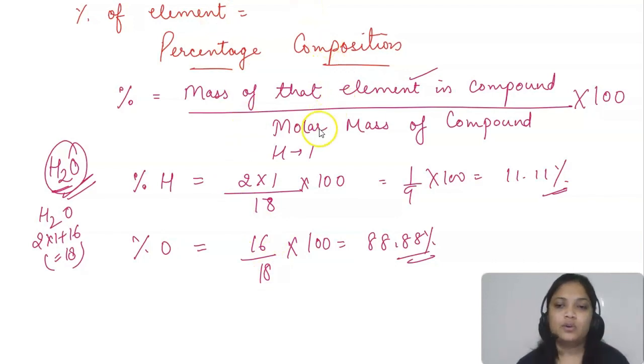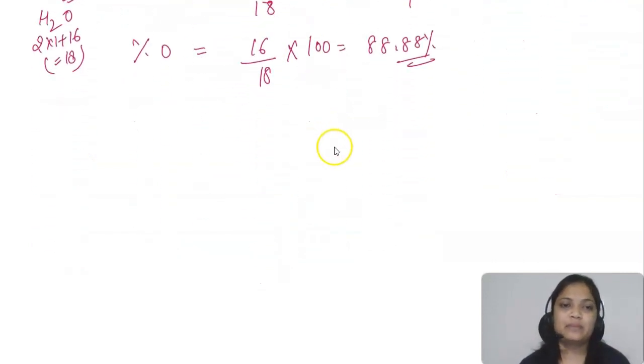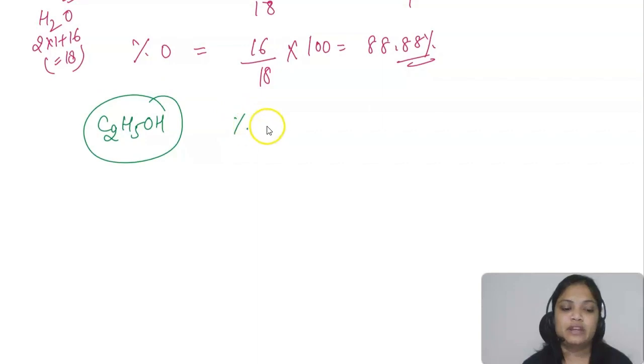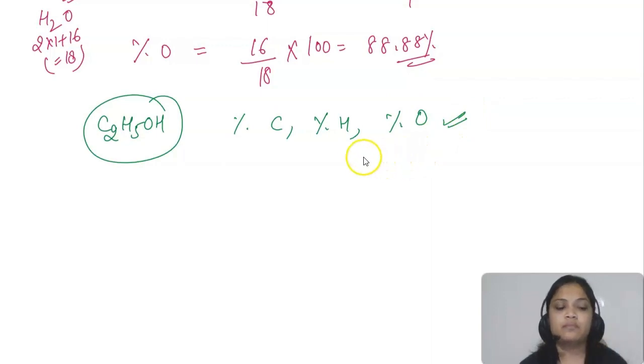All right. So now I'm giving you one question. I have a compound C2H5OH. Of course, it's ethanol. Okay. So try to find out the percentage of carbon, percentage of hydrogen, and percentage of oxygen in this particular compound. You can find out the molar mass of ethanol.